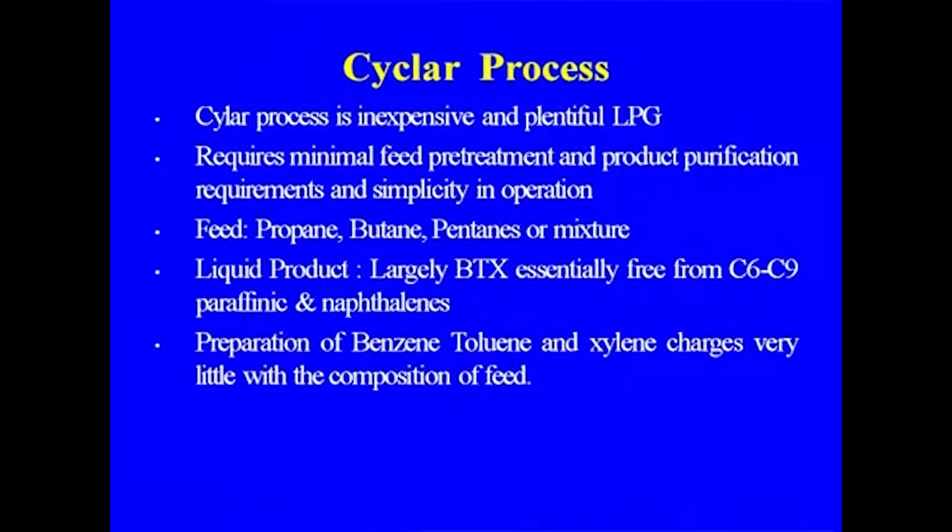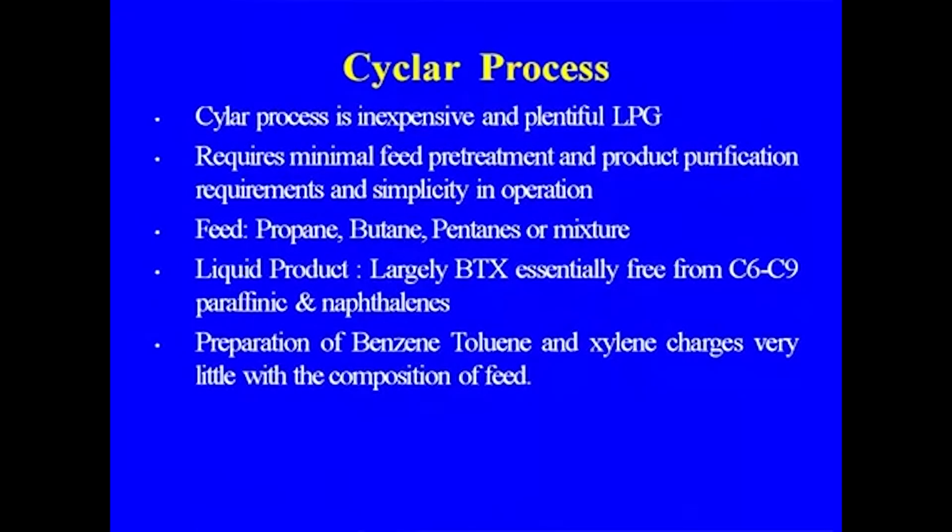So, the Cyclar process is inexpensive and plentiful as the LPG is there. Many refineries, when naphtha was surplus, were thinking to go for the LPG mode, cracking of the naphtha to LPG. Or the LPG is available from various processes in the refinery itself, or LPG that we are also separating from the natural gas before it is supplied to the fertilizer plant.